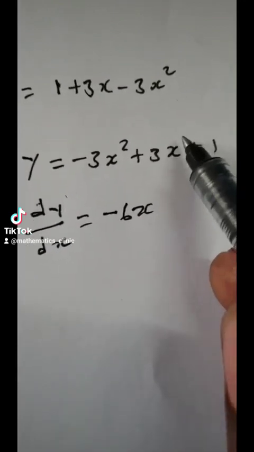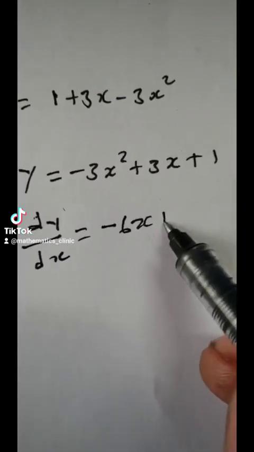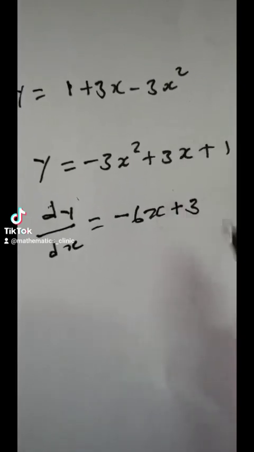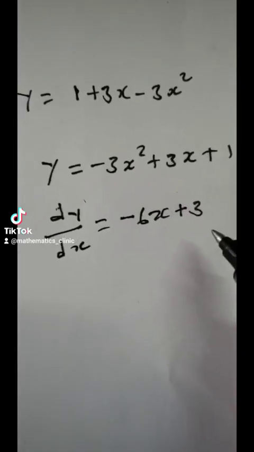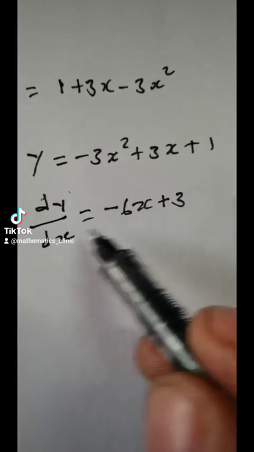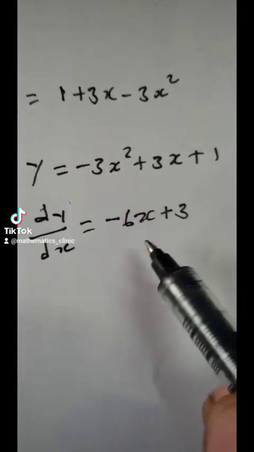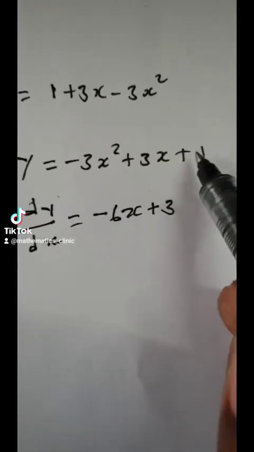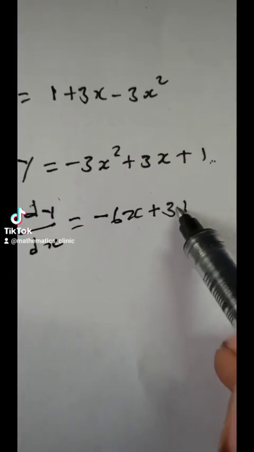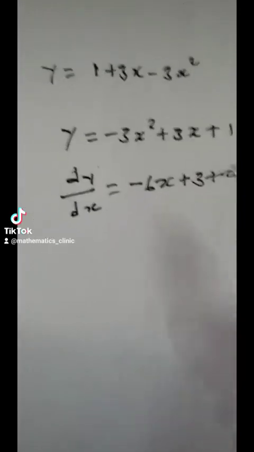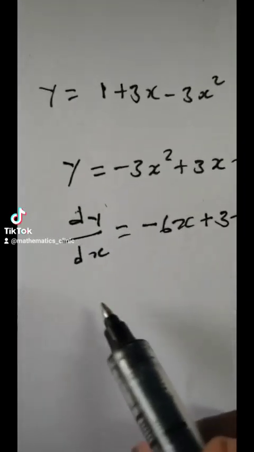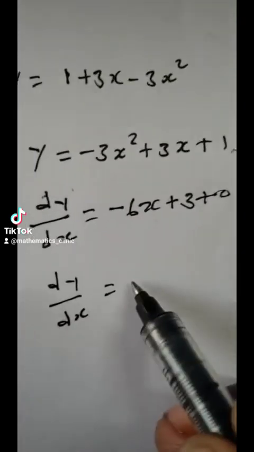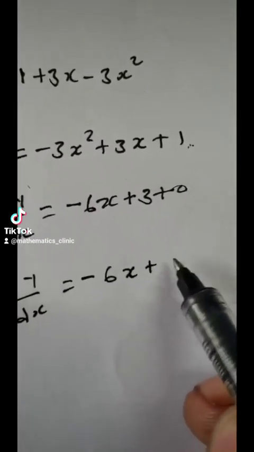Then this x has the highest power of 1, so 3 times 1 we get a 3, and 1 minus 1 we get a 0, so x to the power 0 gives 1. With differentiation, a constant is always discarded because it gives a 0. So my gradient function is dy over dx is equal to negative 6x plus 3.